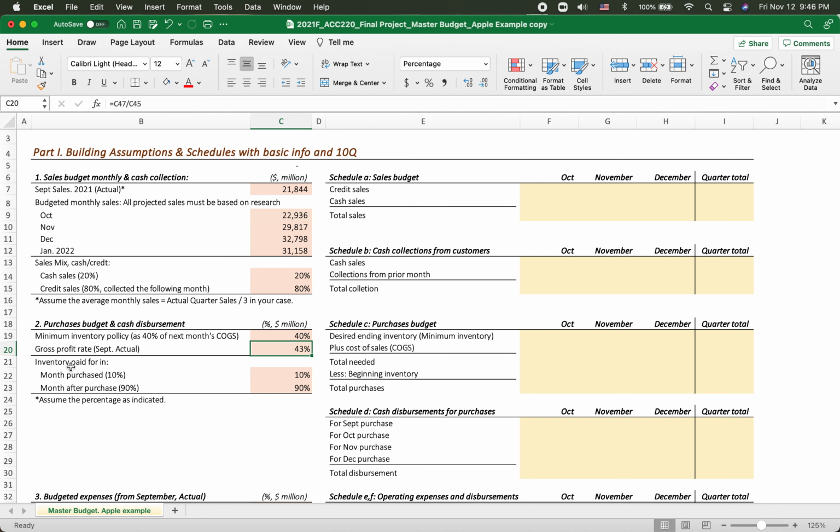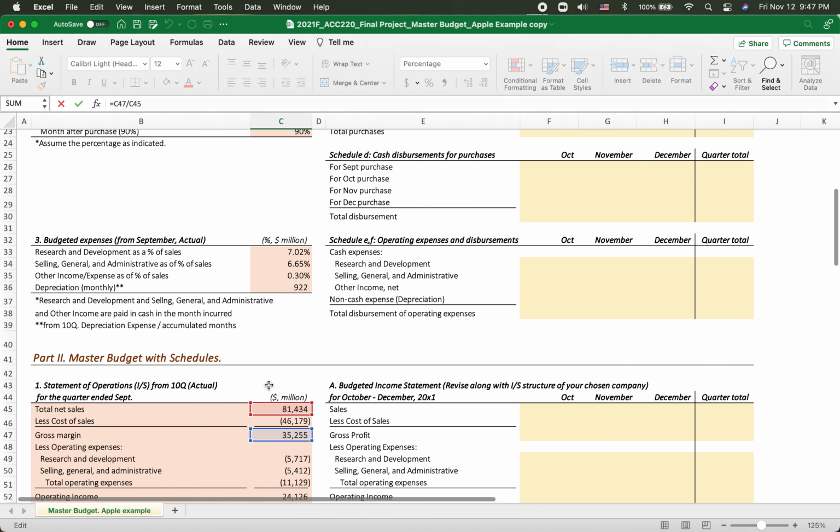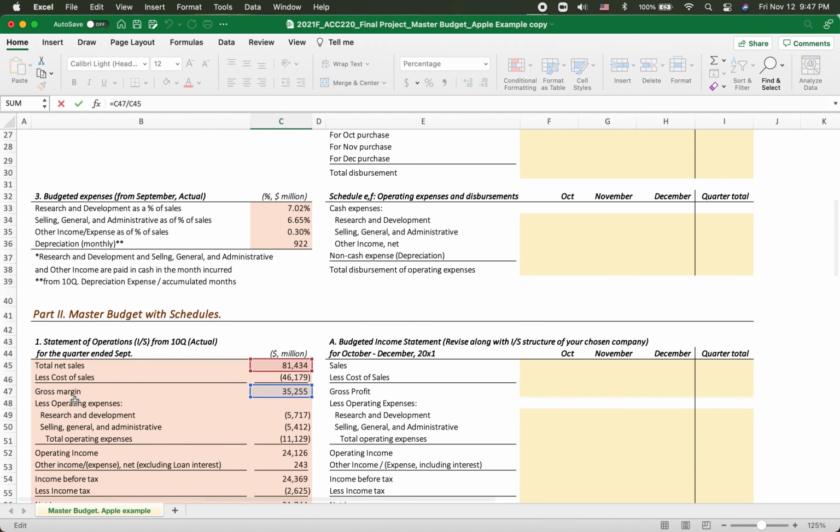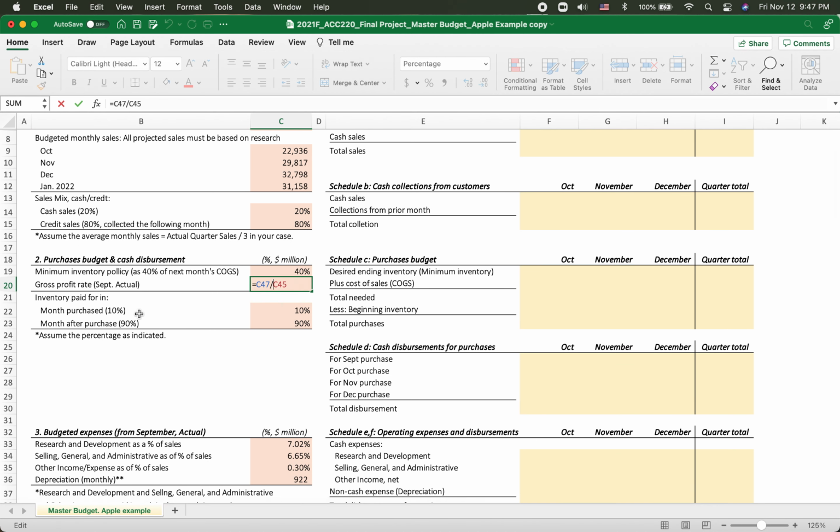Then how do we calculate the gross profit rate? Yes, from the last quarter, right? The gross margin over net sales gives you the gross profit rate, and then you will apply this rate to calculate the cost of sales in the schedules.